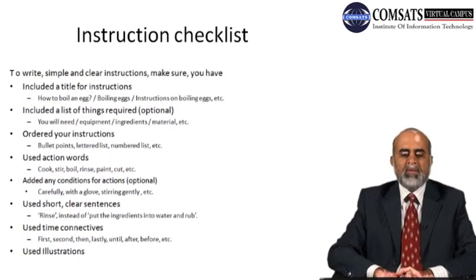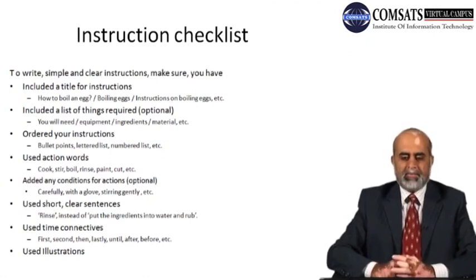And you can usually give a subtitle to this section, and this subtitle could be either the phrase you will need, or it could be the word equipment, or ingredients, or material, etc. Okay, the next thing is that make sure that you have ordered your instructions. And you can order your instructions in a logical way, in a chronological way.